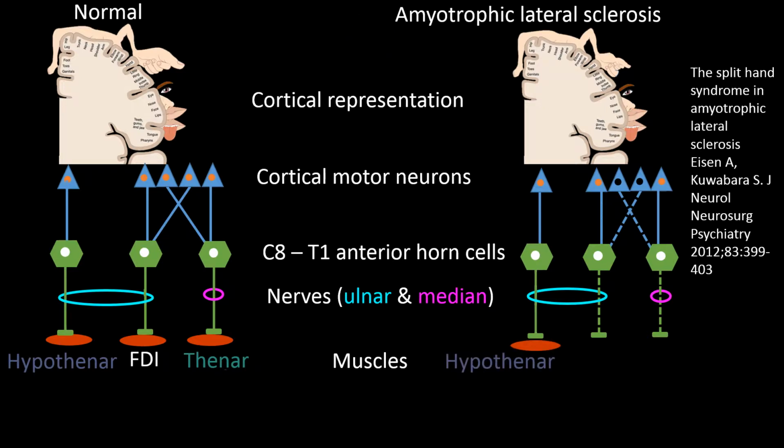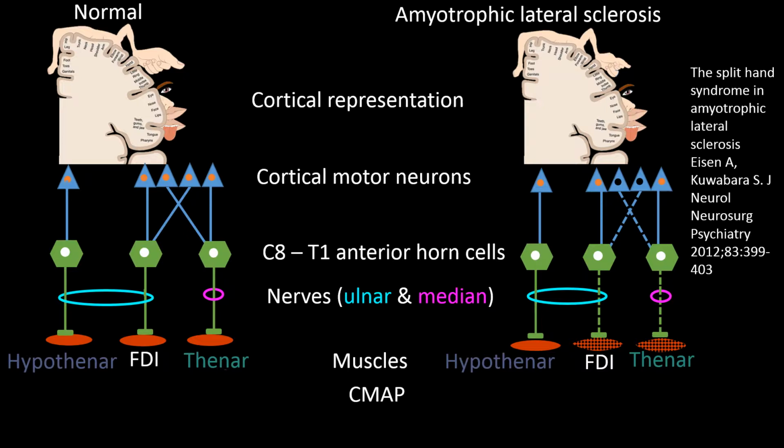You can see the hypothenar muscles and the atrophic first dorsal interosseous, which I have represented by adding black squares to the muscle, and the thenar muscles that are also atrophic.